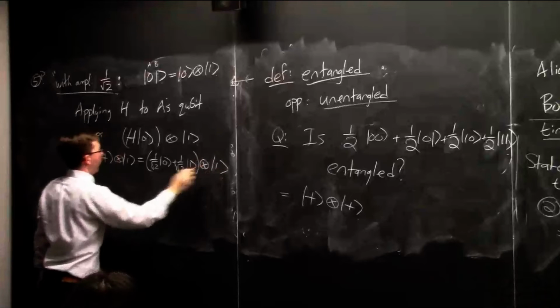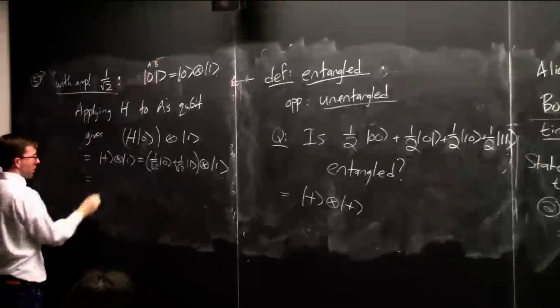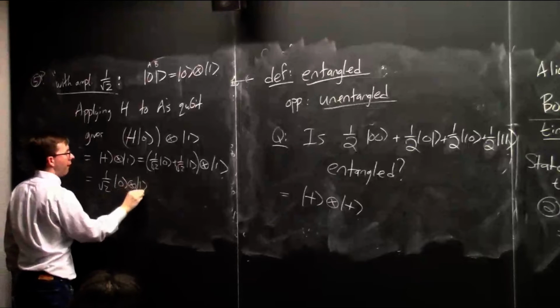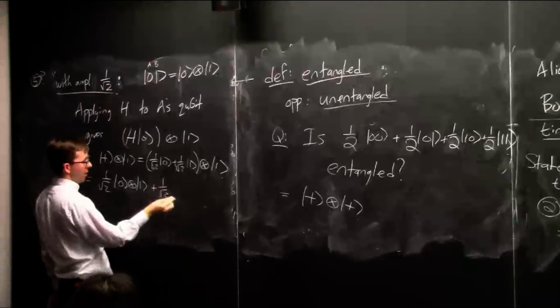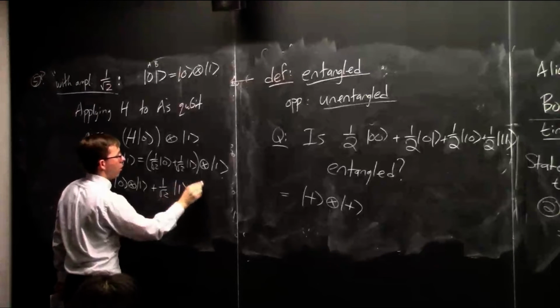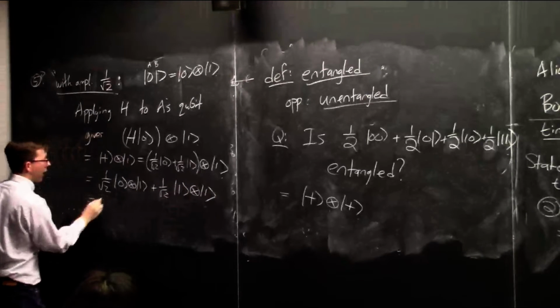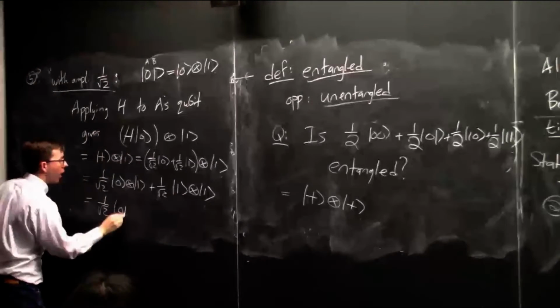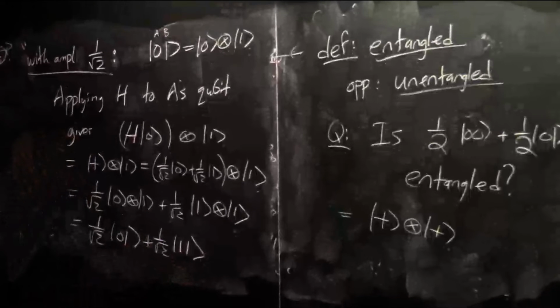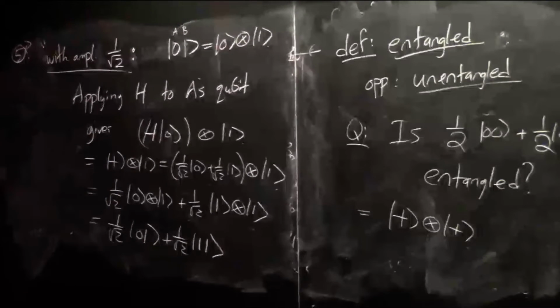And then we distribute. So it's 1 over root 2, 0 tensor 1, plus 1 over root 2, 1 tensor 1, which we write in shorthand as 1 over root 2, 0 1, plus 1 over root 2, 1 1. Tell me if I'm making a mistake, by the way. Okay? And we're halfway done with the computation.